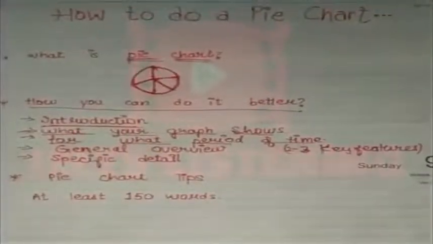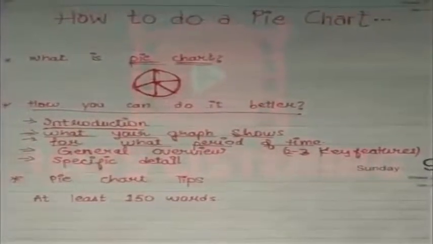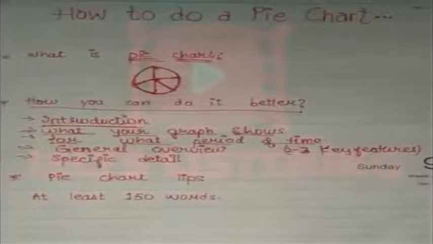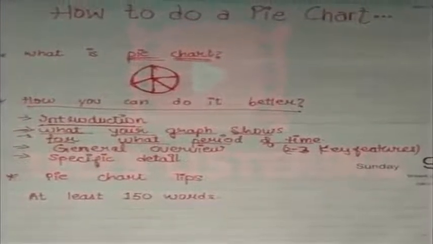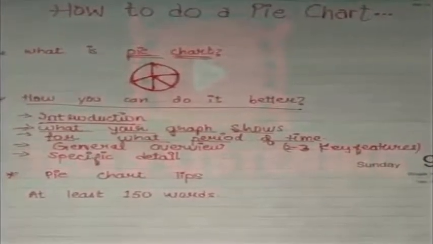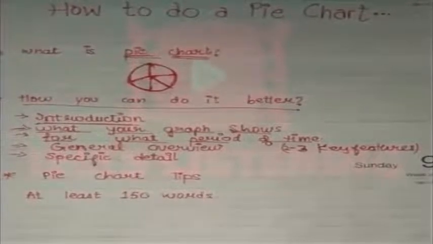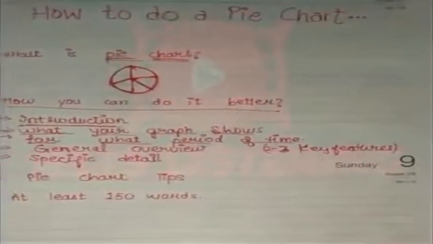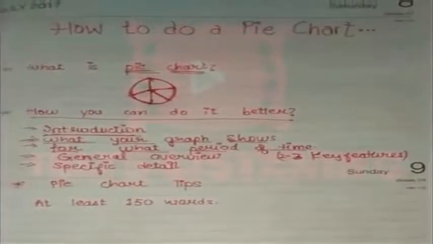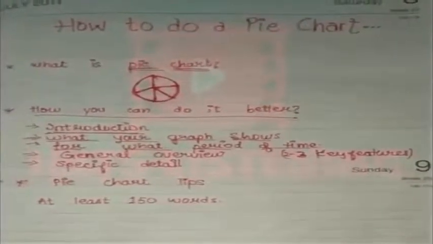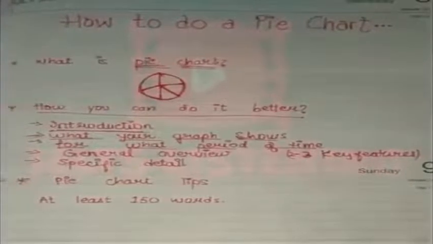Or find which slice became bigger or smaller or didn't change. Each option is fine, but don't write both of them, because you have to keep your overview short. Now, include the information you have gathered from the chart into your overview. Always start your overview with the word overall.